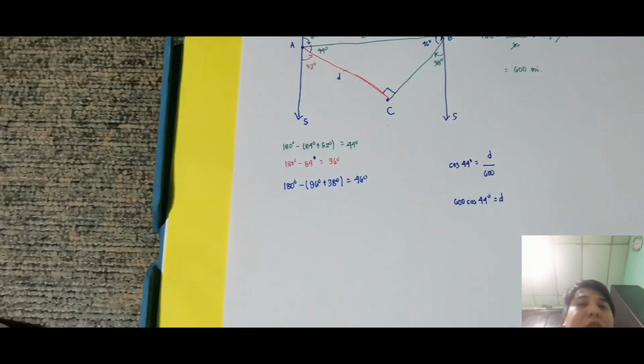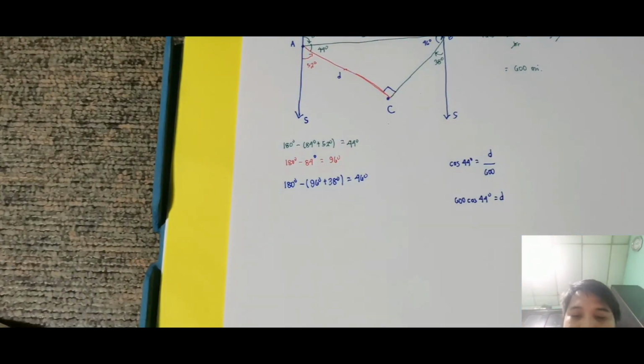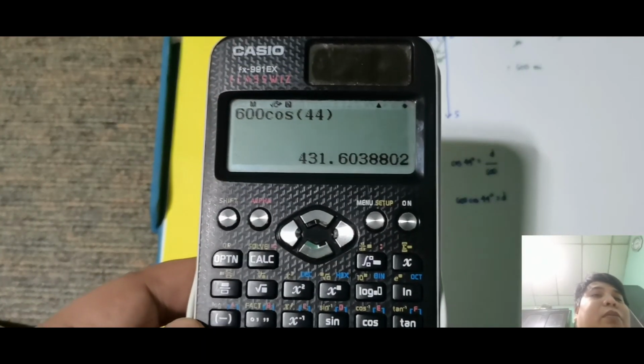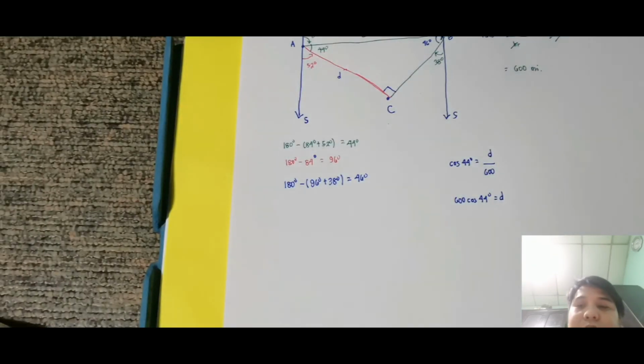So what is the value of 600 cosine 44 degrees? Bubulol na ako. 600, sorry. 600 cosine 44 degrees. Okay, so that is 431.60.